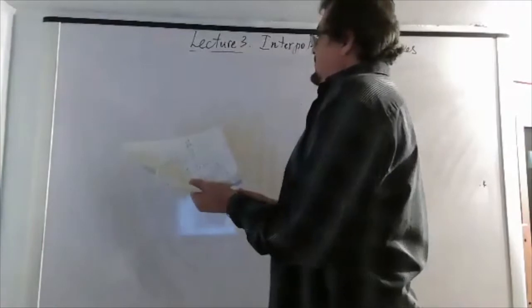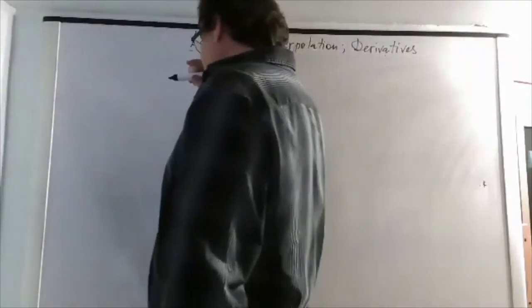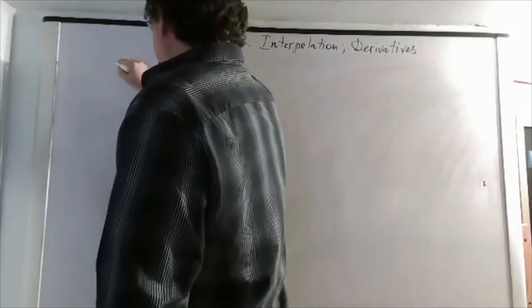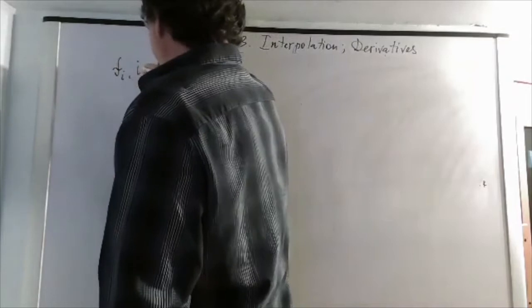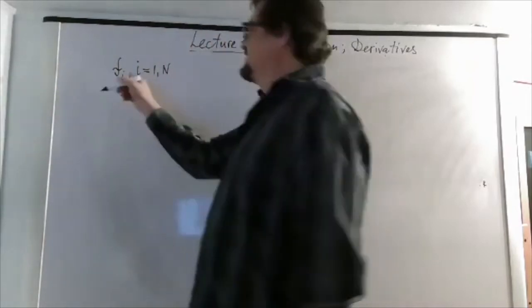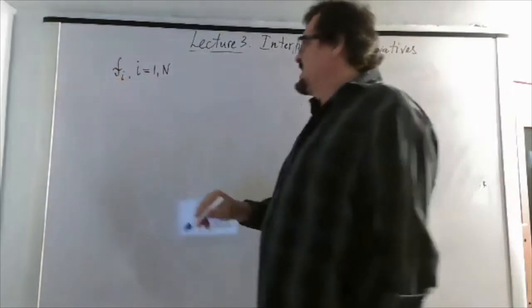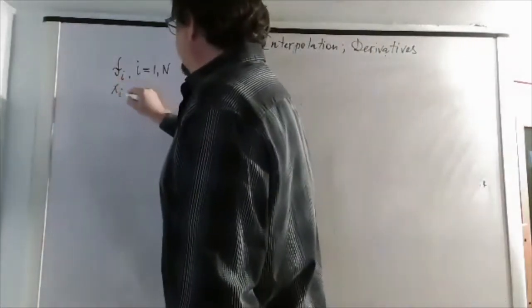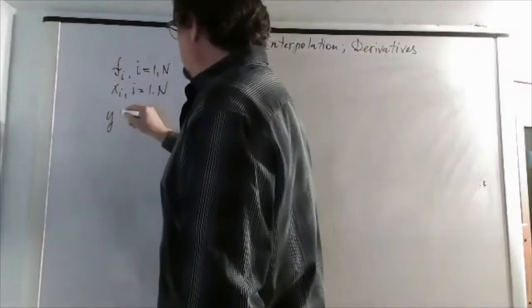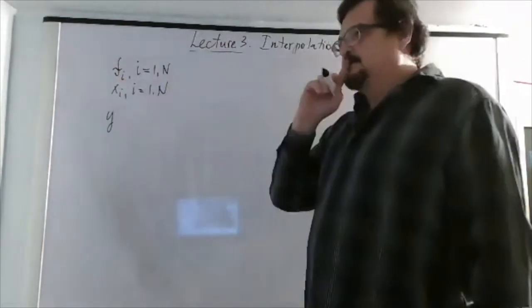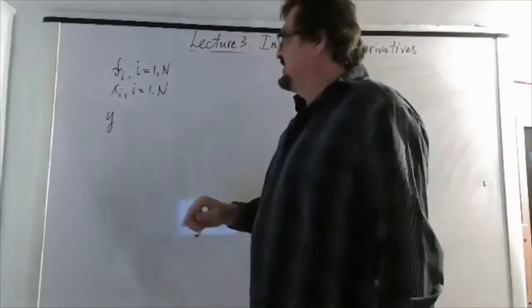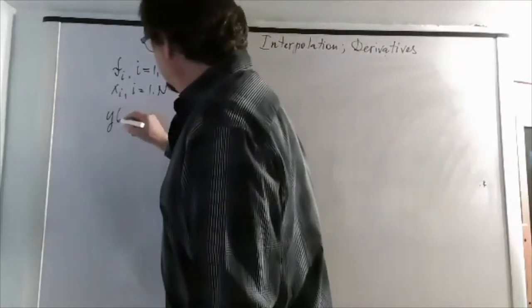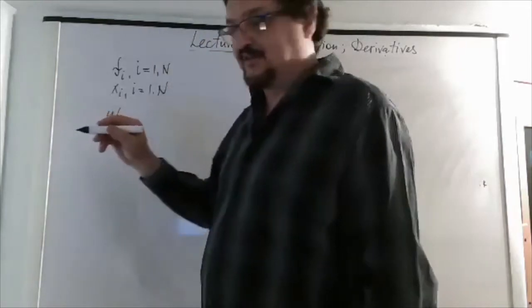So for high order or general interpolation, you have f at I points from I equal to 1 to n. So these are your observations. And then you have, of course, coordinates the same way. Then in general, your polynomial that goes through all the points would have n plus 1 coefficients.